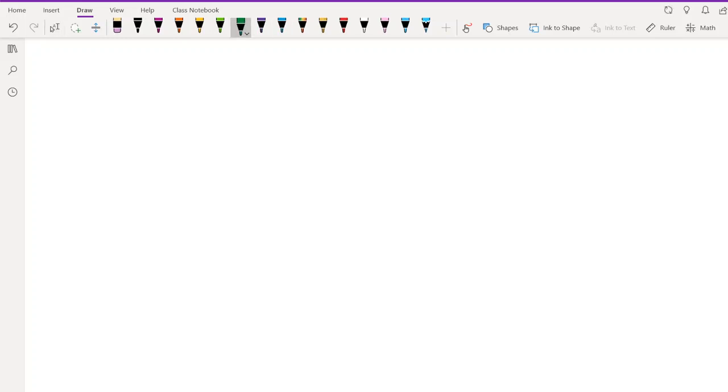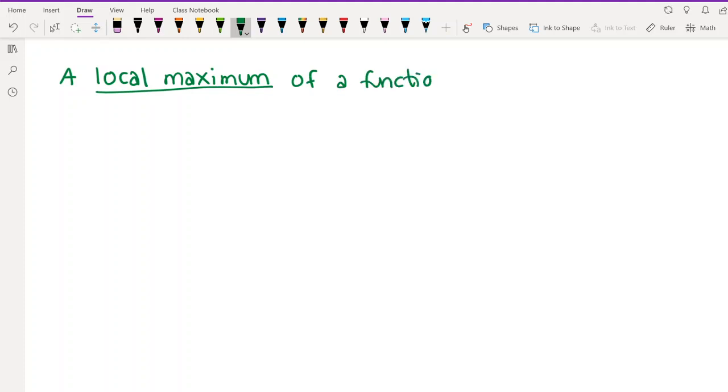So a local maximum of a function is a y value. So again, when we're identifying these, we're always going to be providing the y values as the actual local maximum or local minimum value.